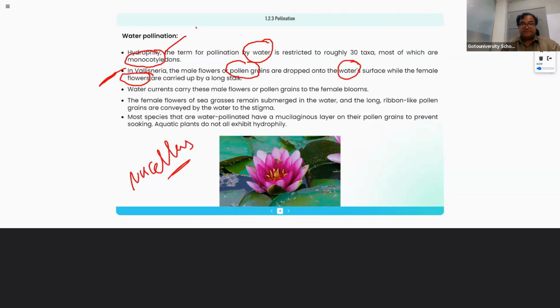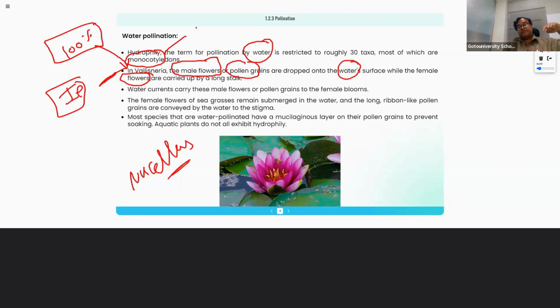Vallisneria transfers the pollen grain from male to female. The female flower is above the water, whereas the male flower is completely submerged in the water. So in Vallisneria, the probability of insect pollination is zero. The probability of water pollination is 100%. So it does hydrophily. Vallisneria falls into hydrophily, not anemophily, not entomophily.